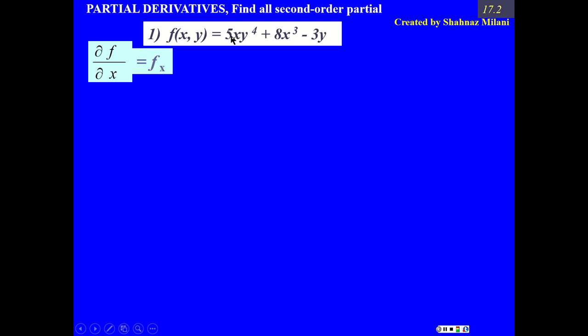The derivative of 5x based on x is 5, and then times the second, which is y to the exponent 4, and then the derivative of y to exponent 4 based on x is going to be 0. 0 times 5x, honestly, is not necessary.